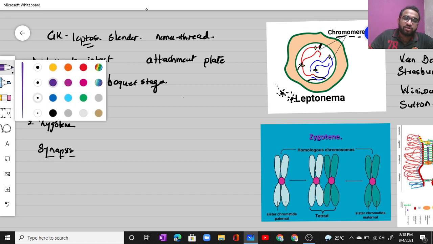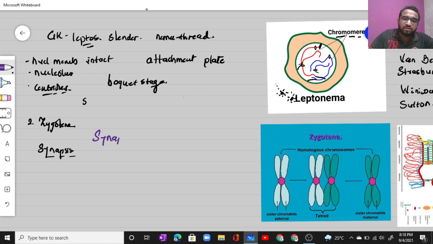Now let us talk about the synaptonemal complex. Okay, this is basically ribonucleoprotein and it has a tripartite structure. Tripartite structure.